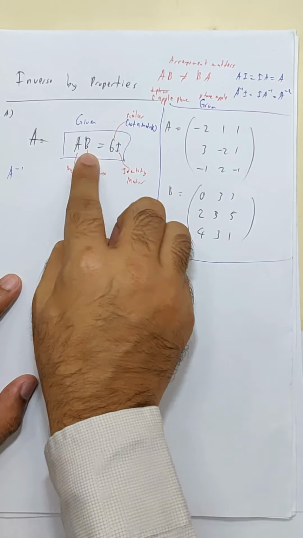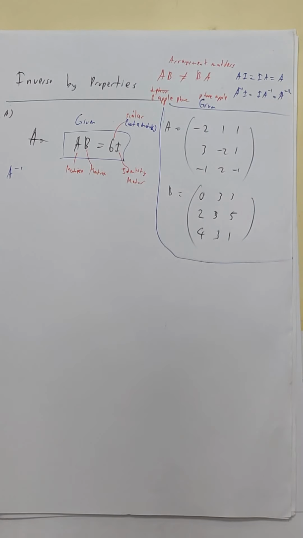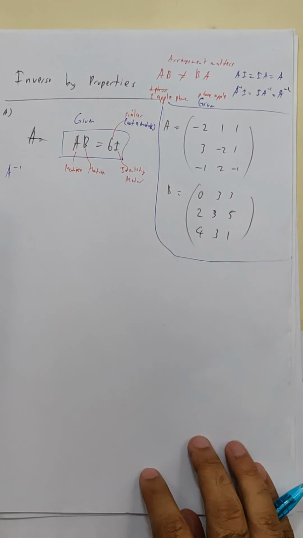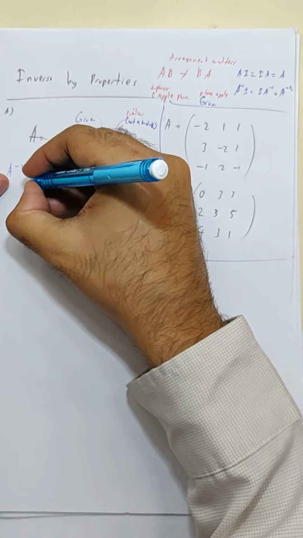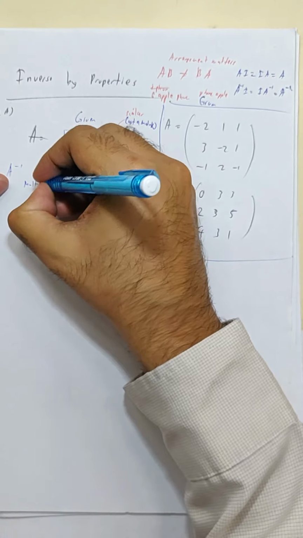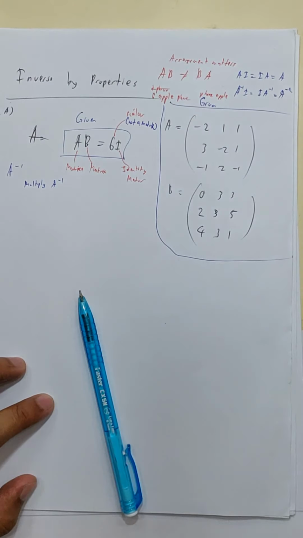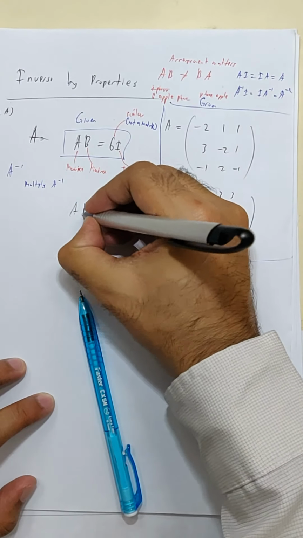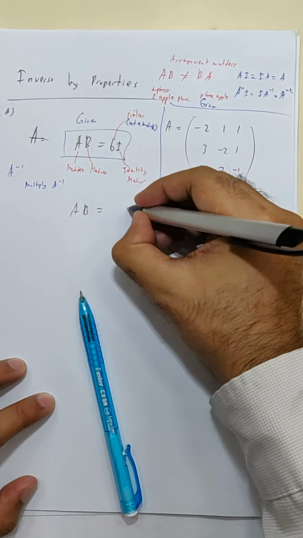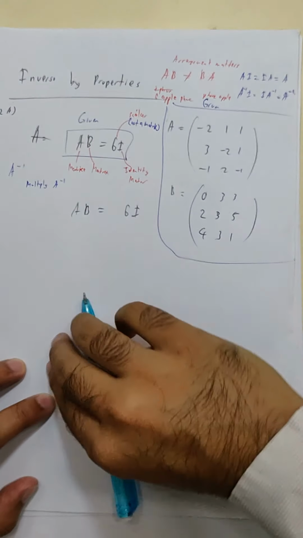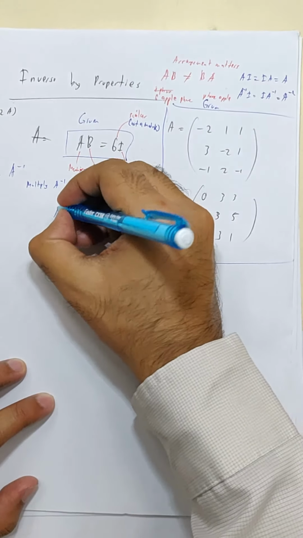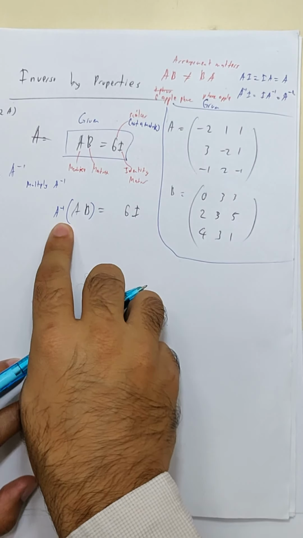Okay, so right now we don't have our A inverse and we would like to have it there. So we multiply by A inverse. Okay, arrangement matters. I'm multiplying my A inverse on the left or on the right?